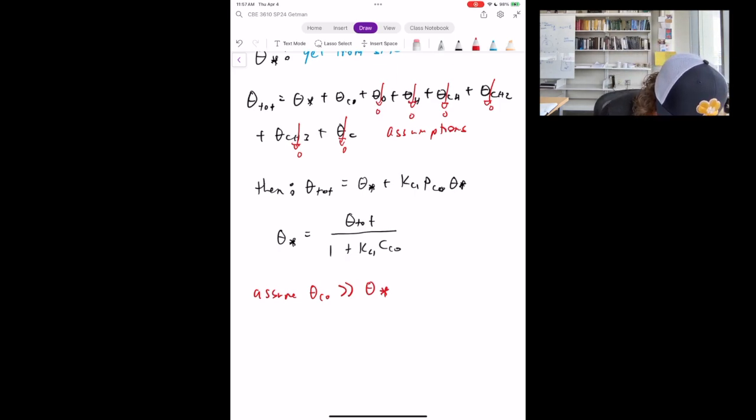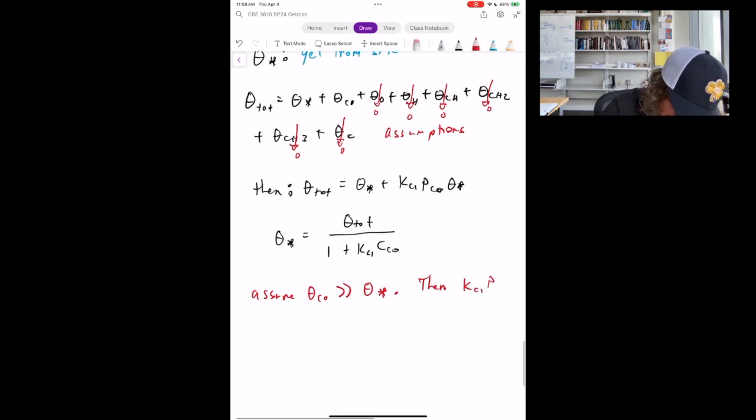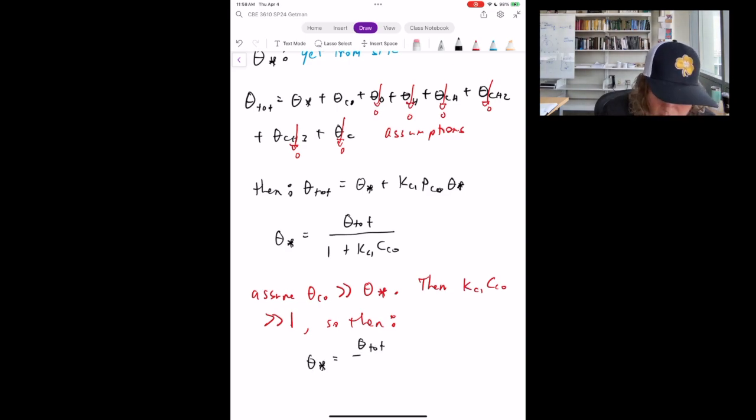If that's true, then what we're essentially saying is that KC1 times the pressure, I should be using concentrations, is much greater than 1. So then I can simplify my free site coverage even further.